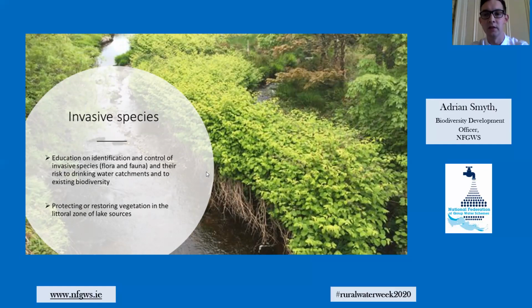Japanese knotweed, for instance, is an invasive species that causes damage to local biodiversity, but it can also cause bank destabilization, which is exactly the opposite of what we're trying to do with a biodiversity measure. I suppose we would be encouraging schemes who are looking at putting in a biodiversity measure to keep a check on the strips, maybe as part of your quality assurance system, to ensure that this kind of problem does not occur.